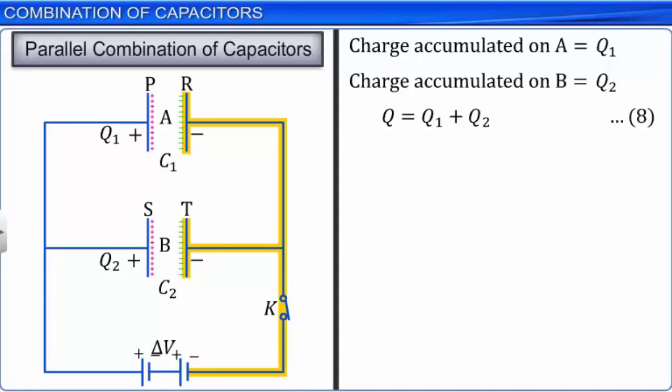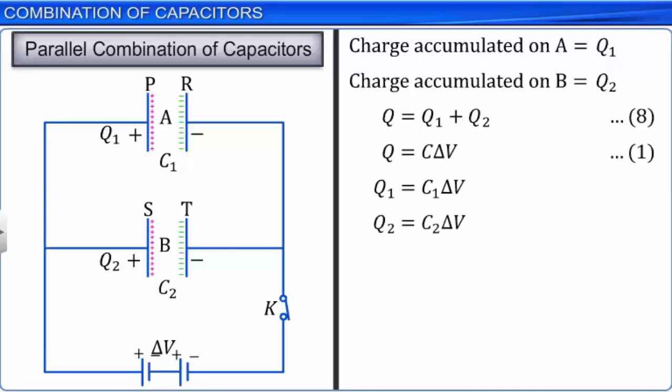Hence, the potential differences across the capacitors connected in parallel are the same and equal to the potential difference applied across the combination. Following equation 1, we have Q1 is equal to C1 delta V and Q2 is equal to C2 delta V. Let these be equations 9 and 10 respectively.